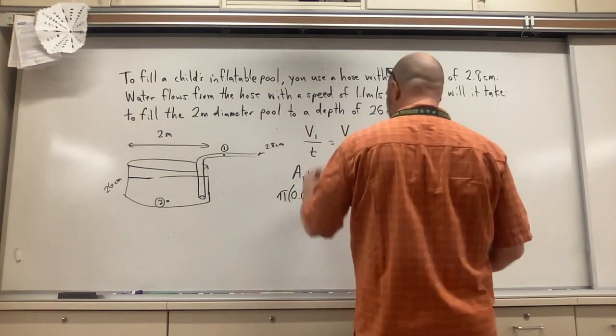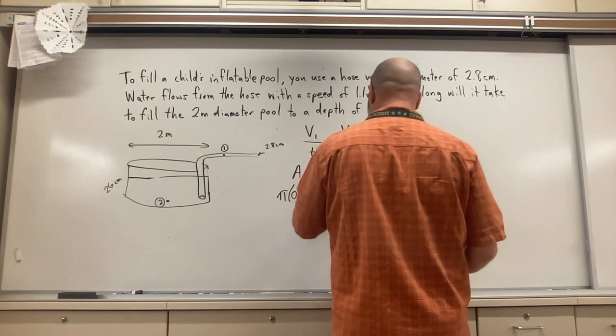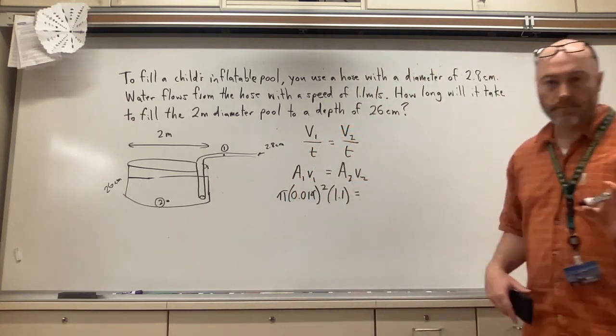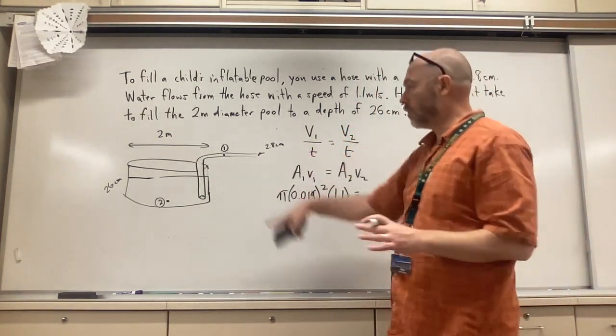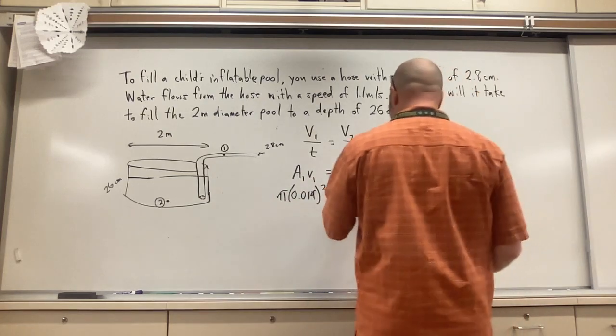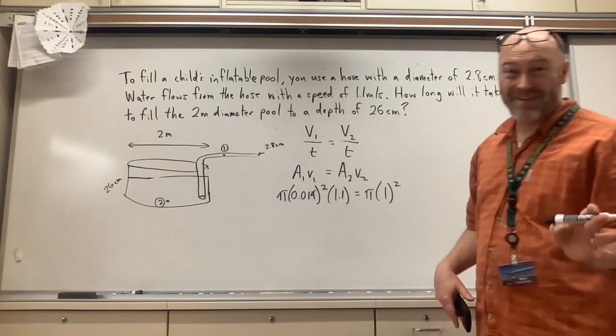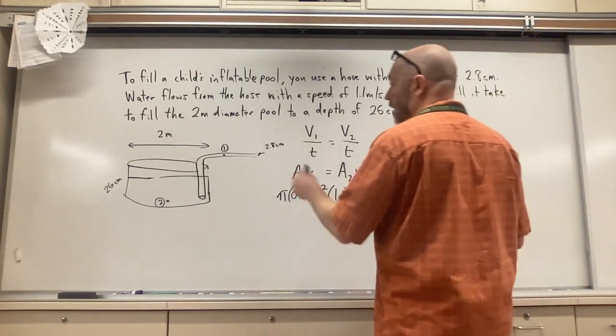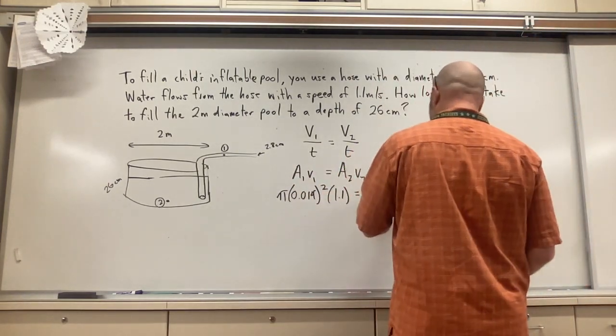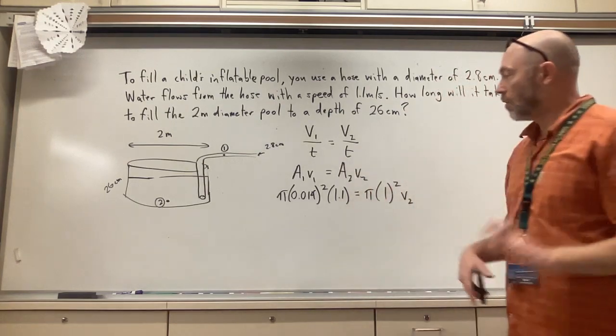The speed there is 1.1, and that would equal pi times 1 squared, times, well, this is what I'm looking for, so I need to know my speed over here.